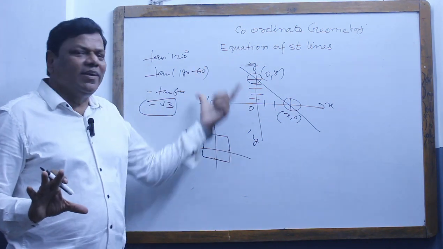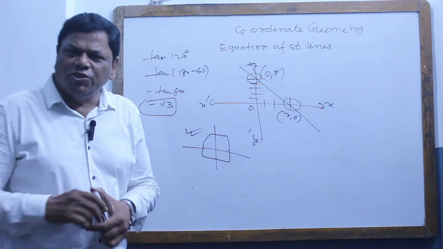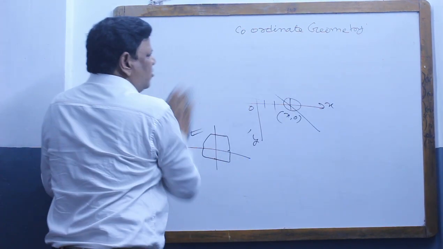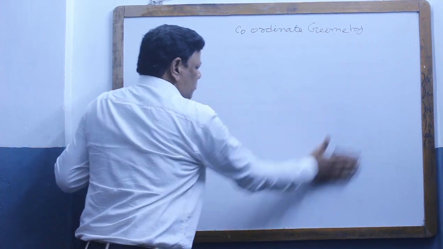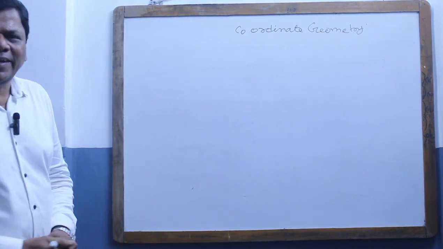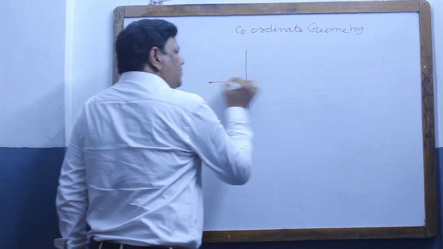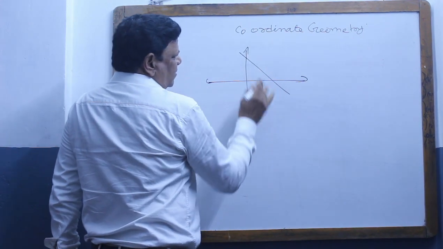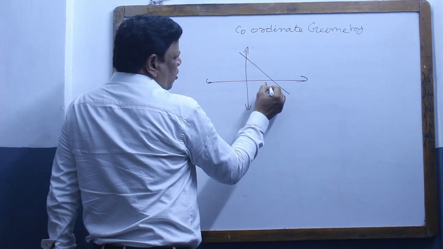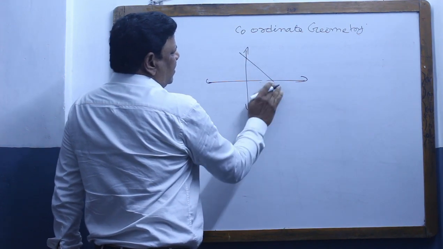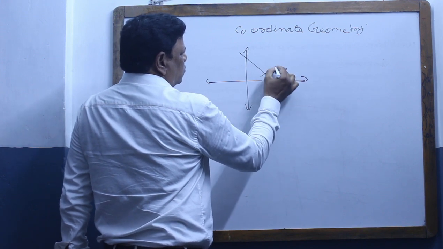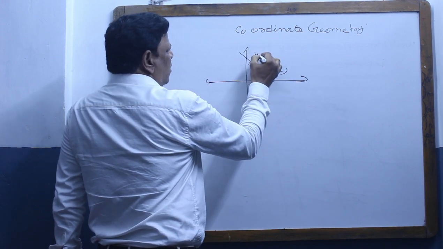So I think you have understood about the slope and how to denote it, and then there is some formula. I want to explain some formula. This is the line, that means the x-axis and y-axis. This is the quadrant. Let one point be given here, say it is (3, 2), and here another point is given, (4, 1).